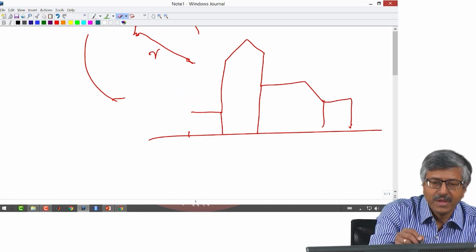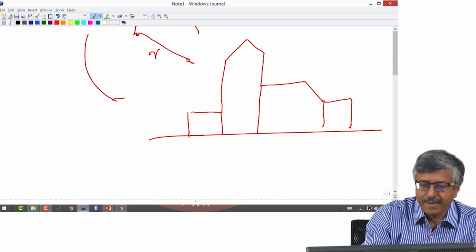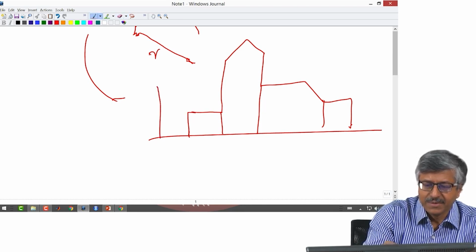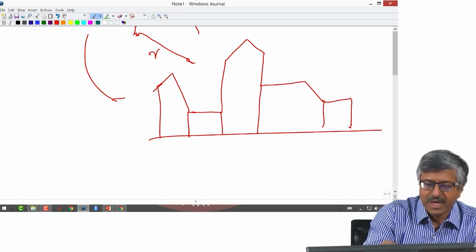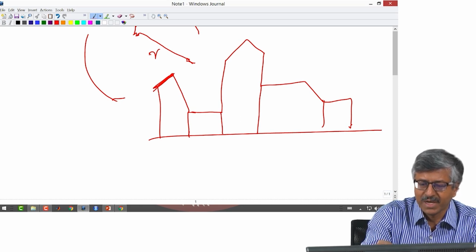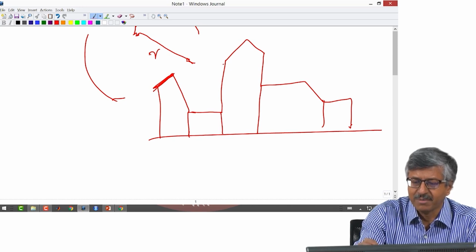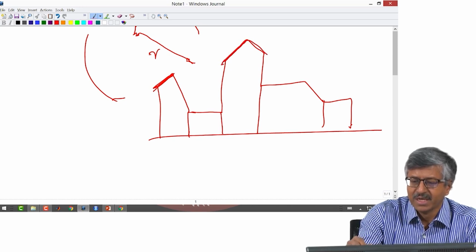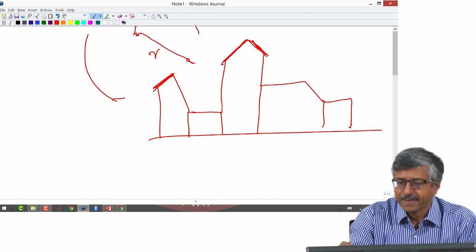So, let me redraw that. That part you need to protect with lightning protection. Say if it is over here, most likely you do not require anything over here, but here you may need, here you may need, this part you may need.